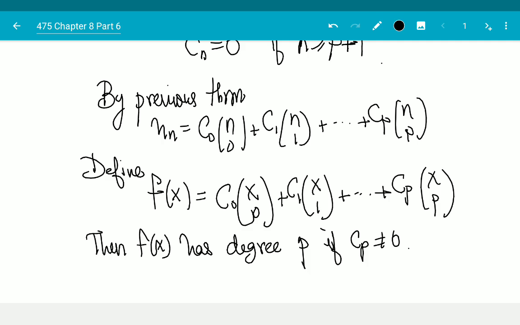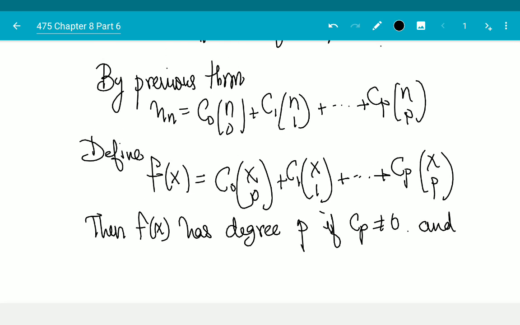And the degree is strictly smaller than p if Cp is equal to 0, right?